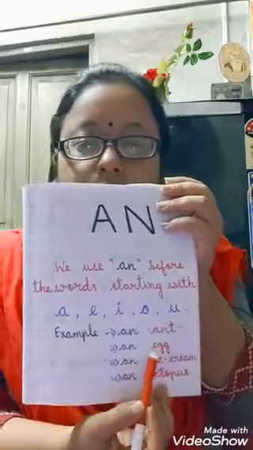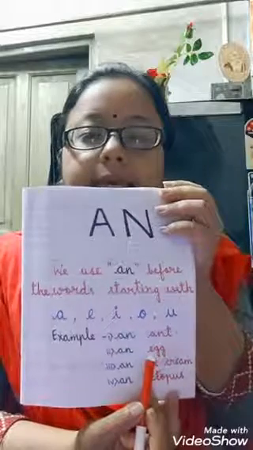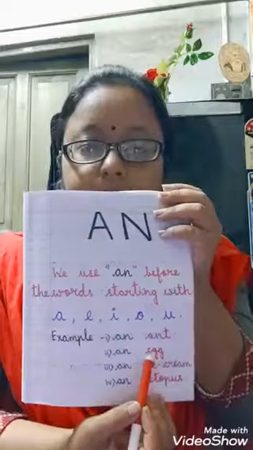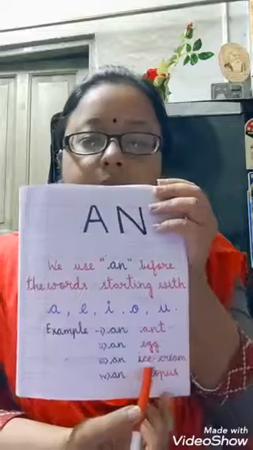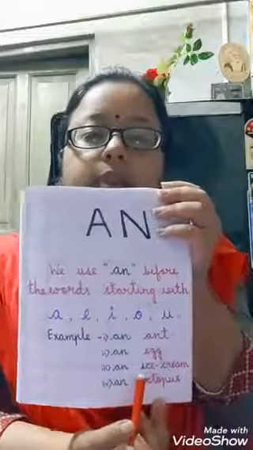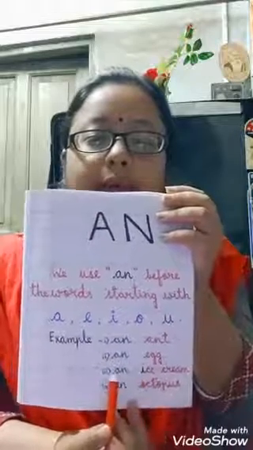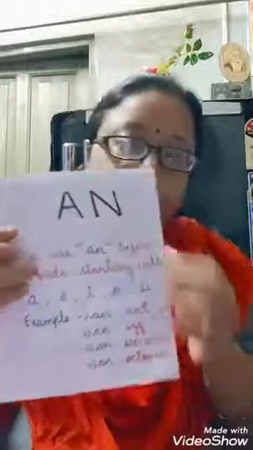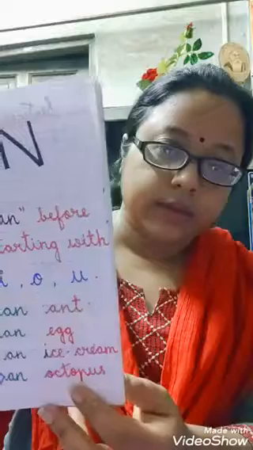Moving on to the next one, it is egg, which is starting with E. An egg. Moving on to the next one, this is ice cream, which is starting with I. So, an ice cream. The last one is octopus.